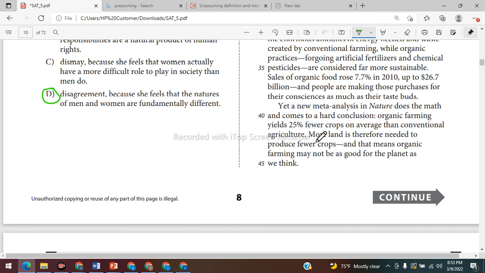But it's saying that organic farming yields 25% fewer, right? So that means conventional farming yields more. So you have more output, right?